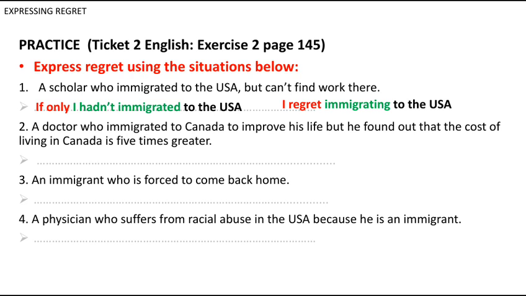Yes, in the second case, a doctor who immigrated to Canada to improve his life, but he found out that the cost of living in Canada is 5 times greater. Okay. Excellent. I shouldn't have immigrated to Canada. Yes. Number 3, an immigrant who is forced to come back home.